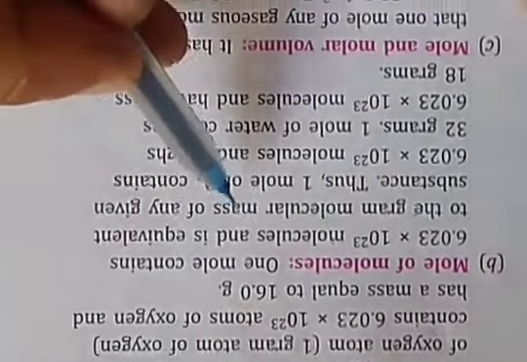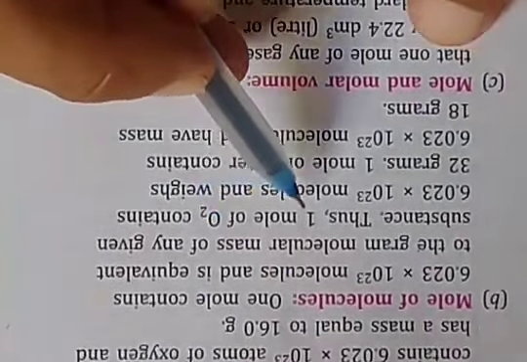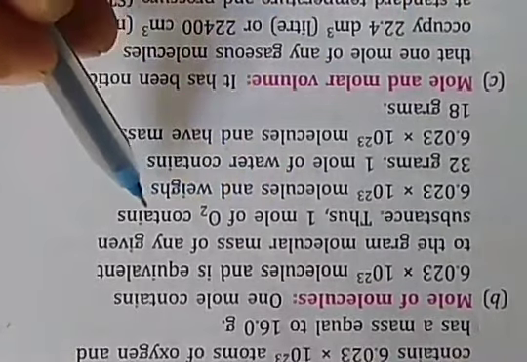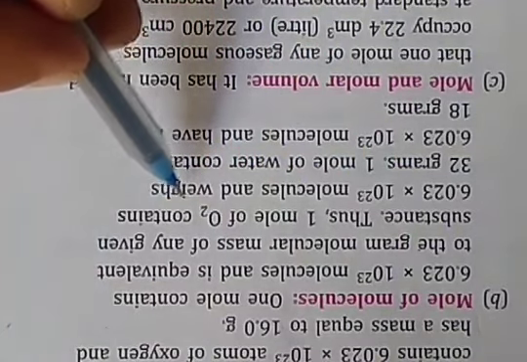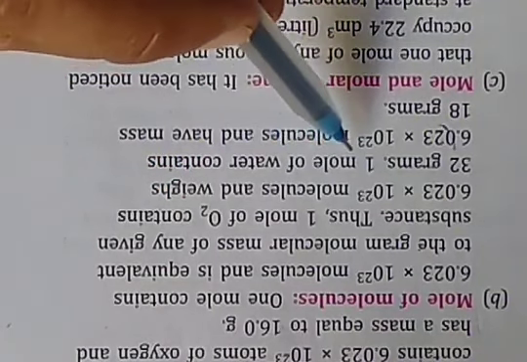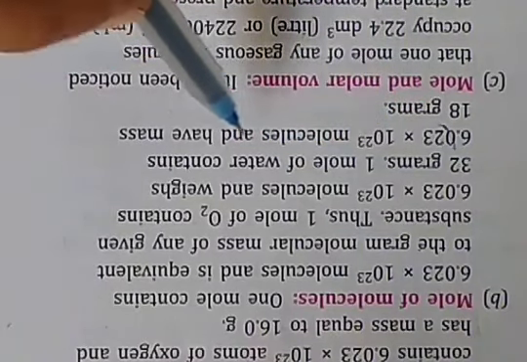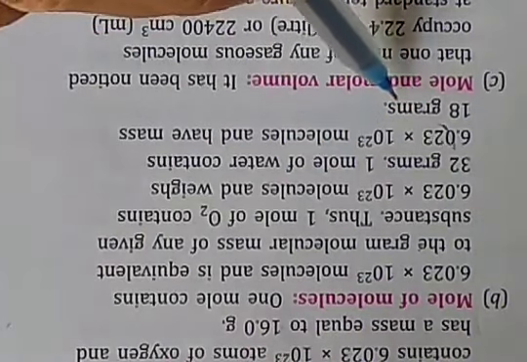For moles of molecules, 1 mole of oxygen contains 6.023 into 10 to the power 23 molecules, and its gram molecular weight is 32 grams. Next example, 1 mole of water contains 6.023 into 10 to the power 23 molecules and has a mass equal to 18 grams.